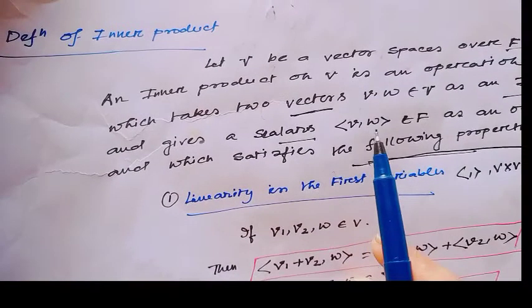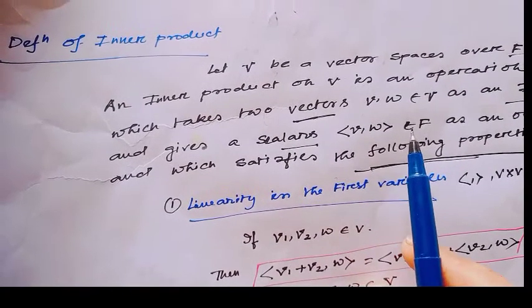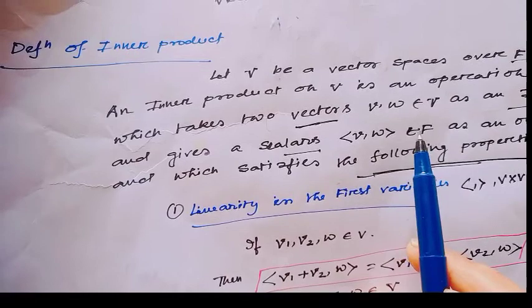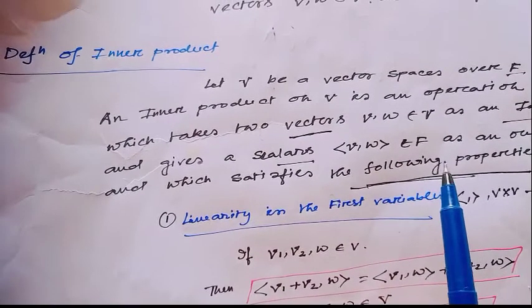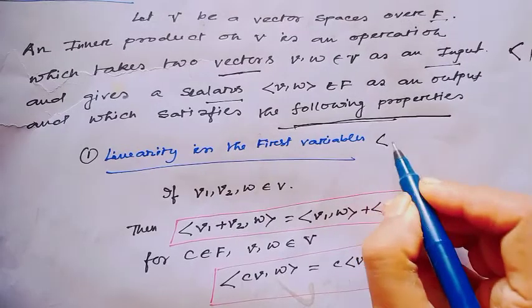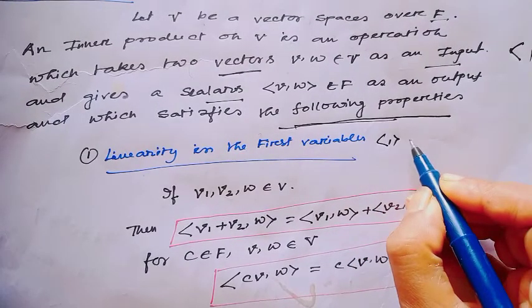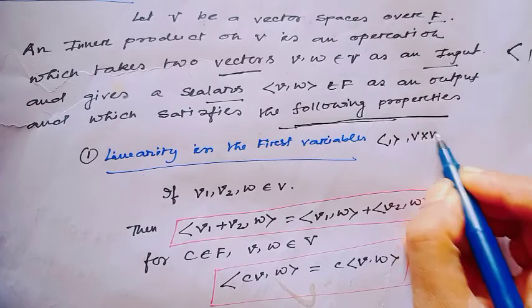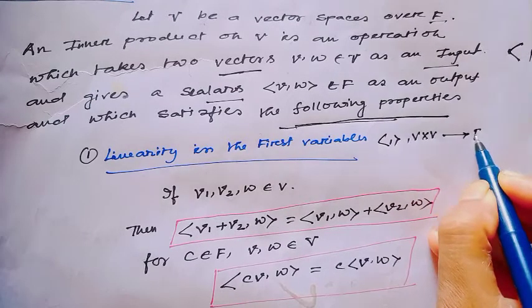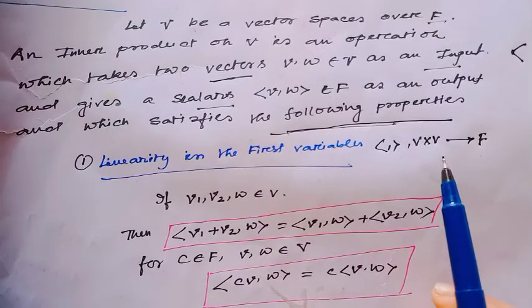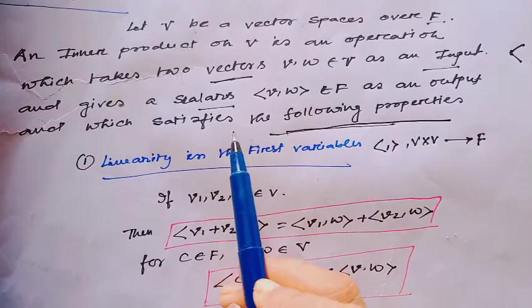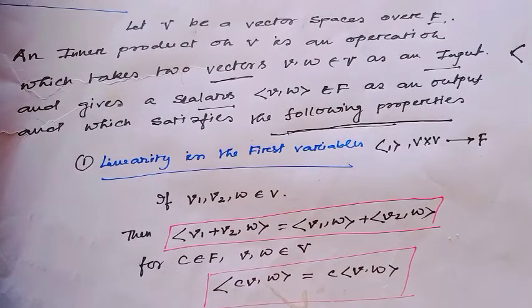That means inner product is always a function, because the input is two vectors and the output is one scalar. Inner product is a function from V cross V to F, where V is any vector space and F is any field. And this function satisfies the following properties.